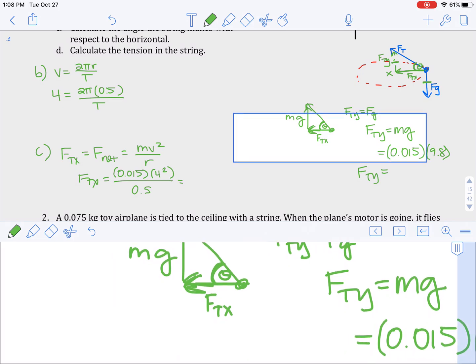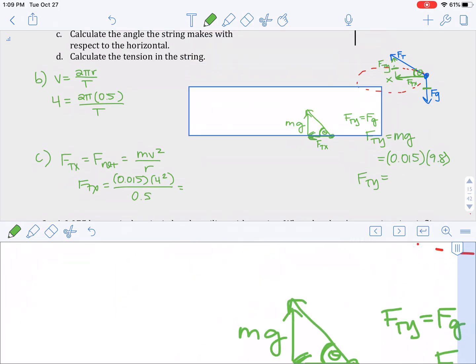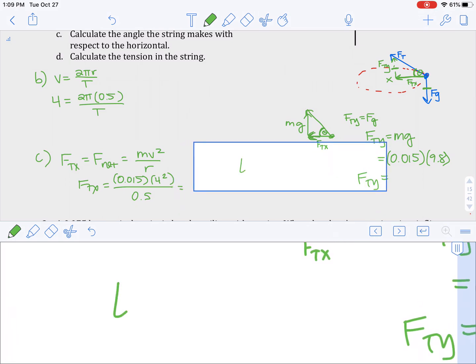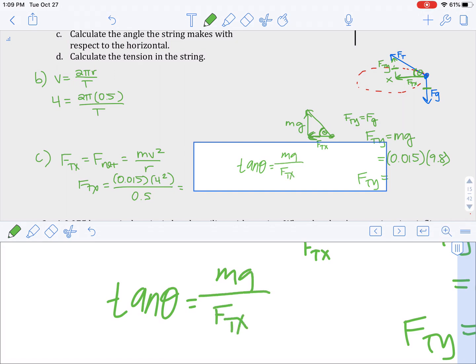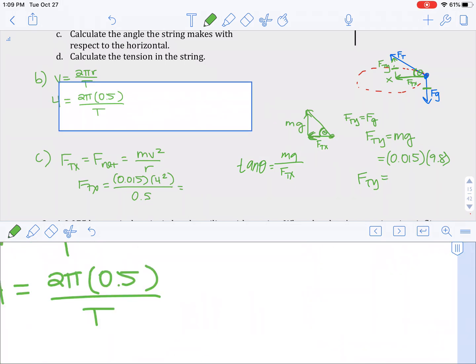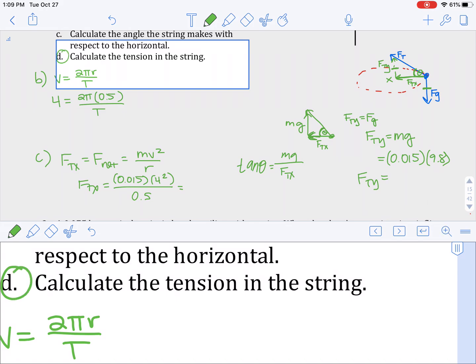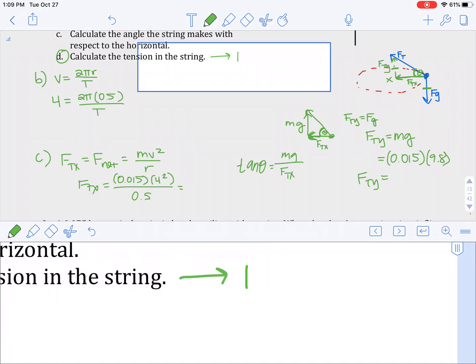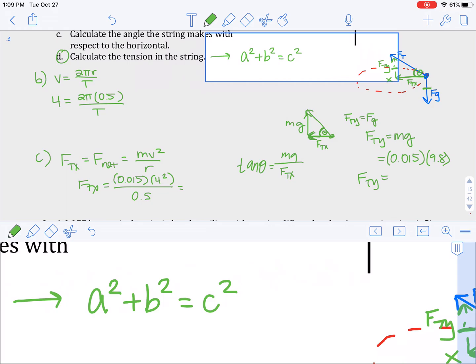I could use tan of theta, which would be mg over that FTX, so FTY over FTX, and I could solve for tan theta that way by taking the inverse tangent. Or, because I need to calculate the force of tension in the string anyway, I can use Pythagorean theorem. Just to remind you, Pythagorean theorem is that a squared plus b squared equals c squared, where a and b are sides of the triangle, and c is the hypotenuse.